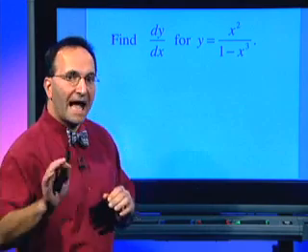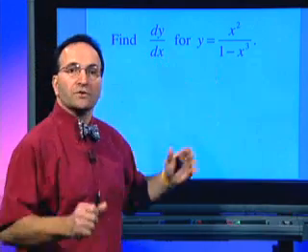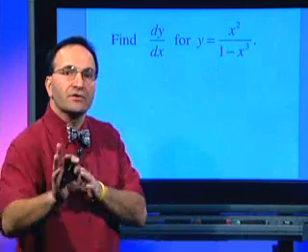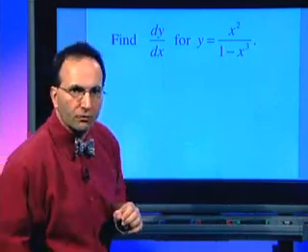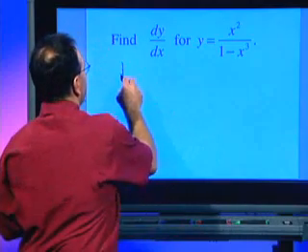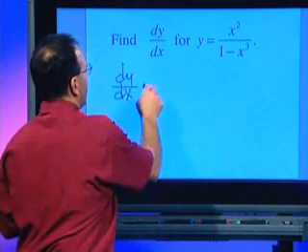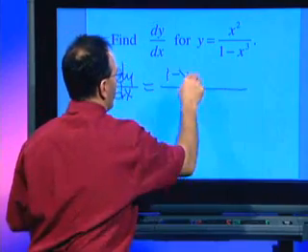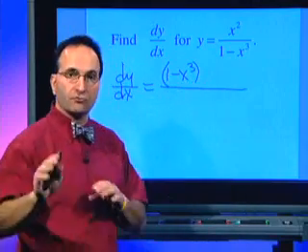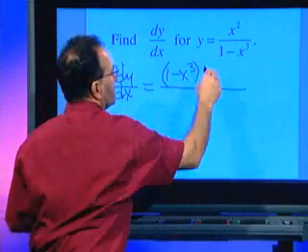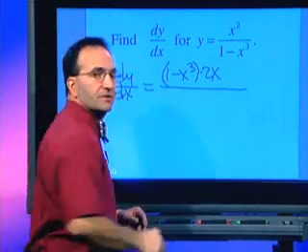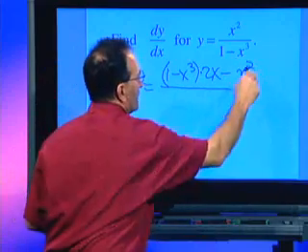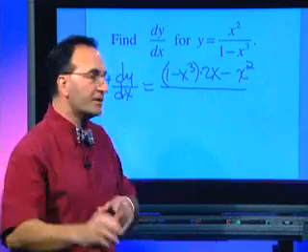Okay, so the equation we have is y equals x squared over 1 minus x cubed, and we want to find the derivative of it, which means to apply the quotient rule. So dy dx will be equal to the denominator times the derivative of the numerator, which is 2x, minus the numerator times the derivative of the denominator.